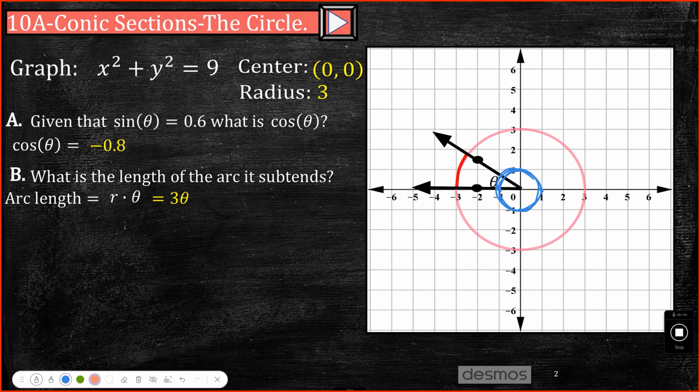If I ask you what is the length of this angle, the answer would be 1 times theta, which would be exactly theta. Because the radius is 1, so if it's the unit circle, the arc length would be exactly theta.